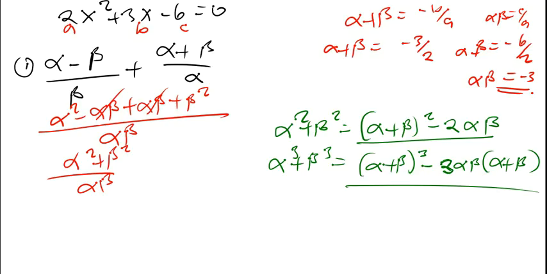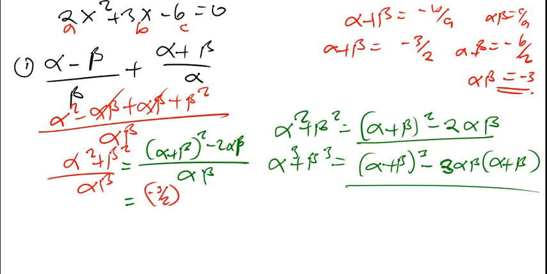So then I'm going to replace the top part with alpha plus beta to the power 2 minus 2 alpha beta, divided by alpha times beta. So alpha plus beta, we know that is negative 3 over 2, but we have to square it. Minus 2 alpha times beta, with alpha beta being negative 3, divided by negative 3.